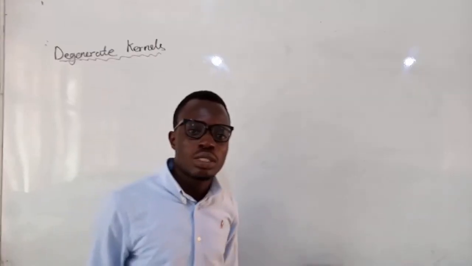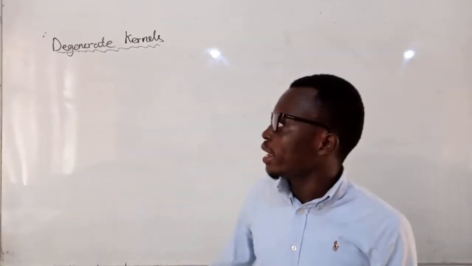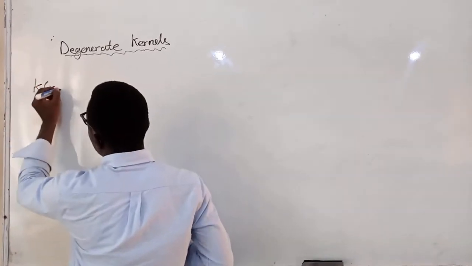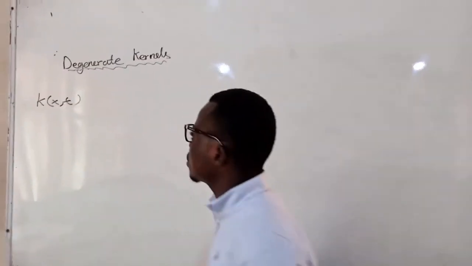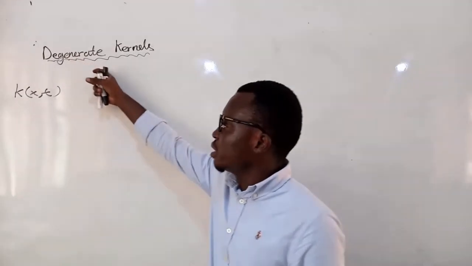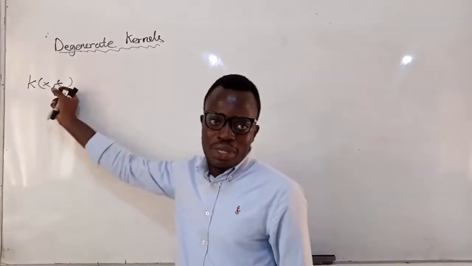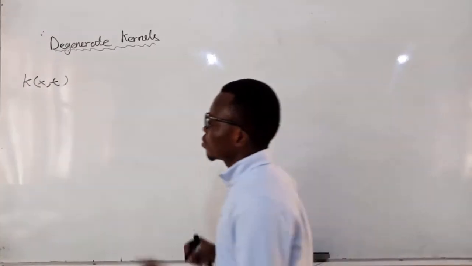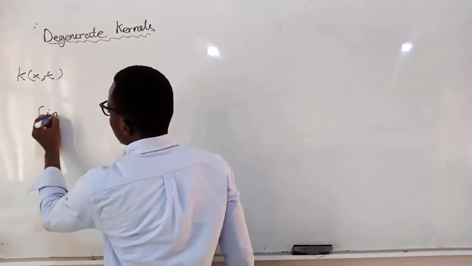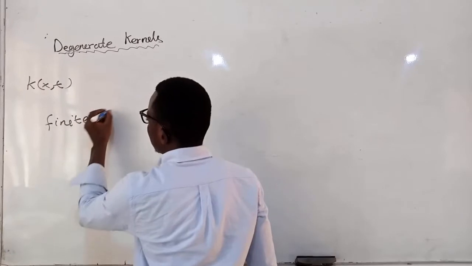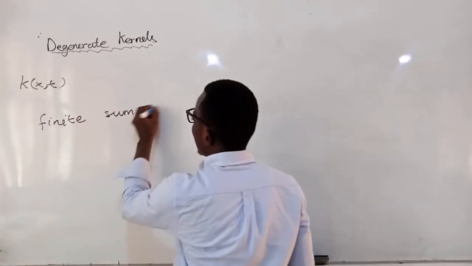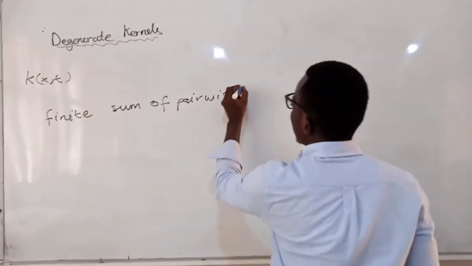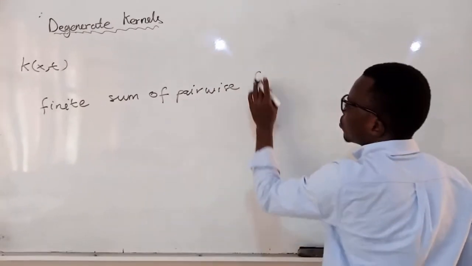In this session, I'm going to look at degenerate kernels. A kernel K of S,T is termed degenerate if it can be represented in the form of a finite sum of pairwise products.